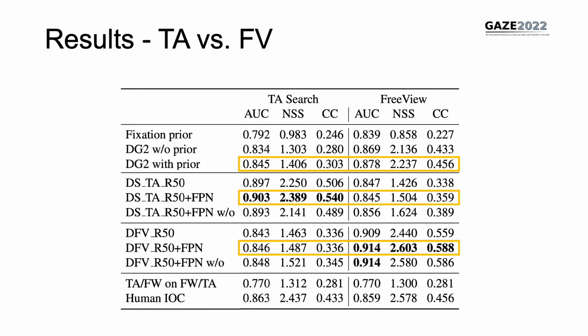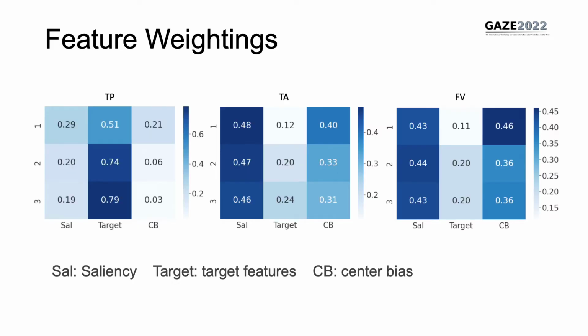More interestingly, DFV poorly predicted TA search fixations, and DS was equally poor in predicting free viewing fixations. Notably, and as expected, training on target labels or not did not affect DFV's prediction, suggesting no target guidance in free viewing fixations.